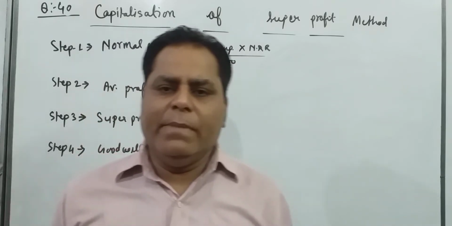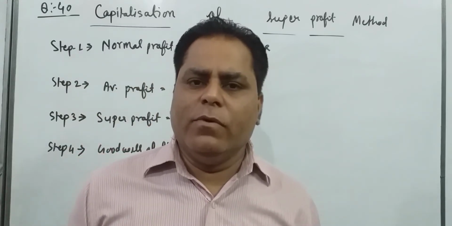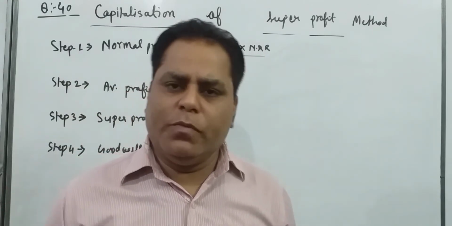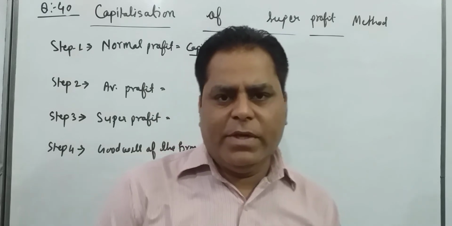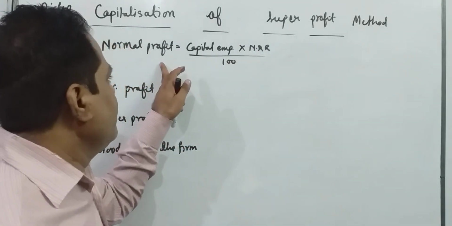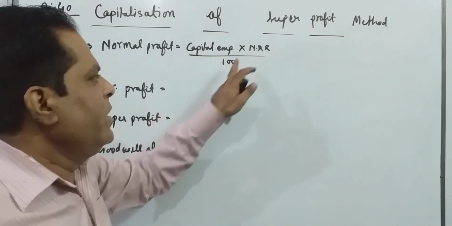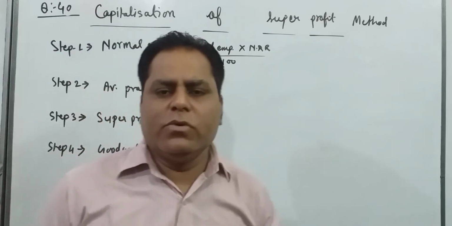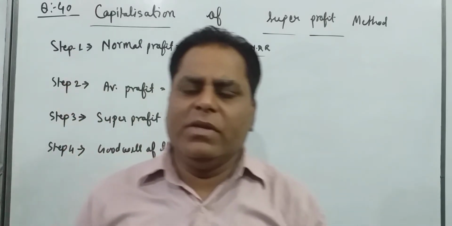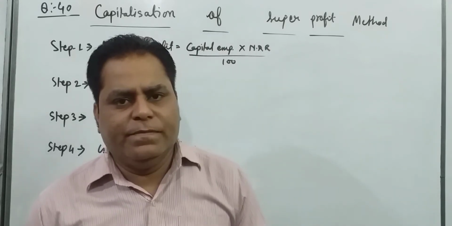First of all, I am going to solve this question by applying the formula of capitalization of super profit. So see carefully. What is our first step? We need capital employed into normal rate of return upon 100. Dear student, in this question capital employed is not given, but we know how to determine capital employed.